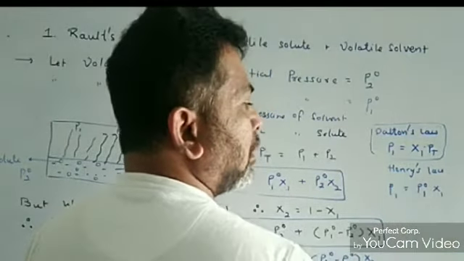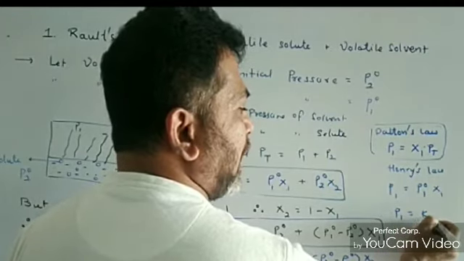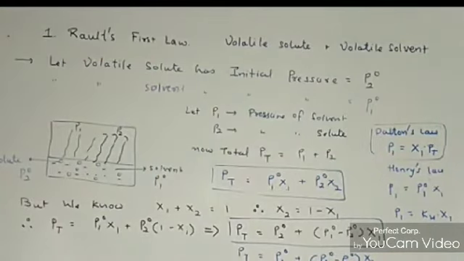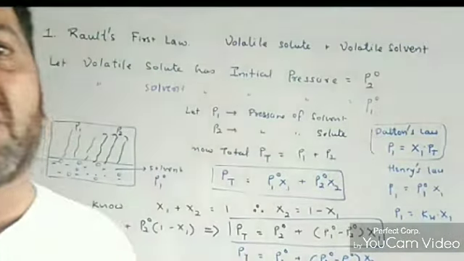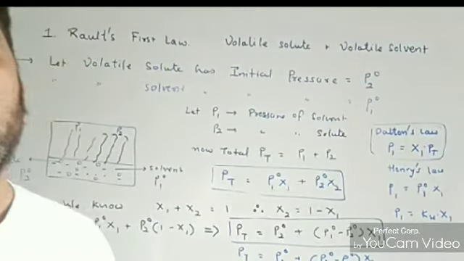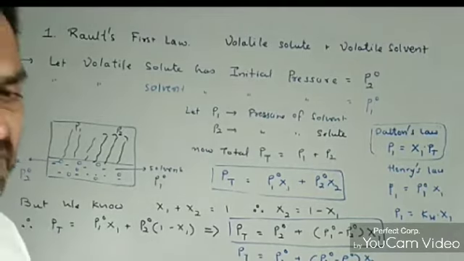So here also we can consider that P1 is equal to Kh into X1. That is also partial, but Kh is nothing but the P1 zero. If we replace that, this will be Henry's law, and that will give us an idea about Dalton's law and Henry's law.